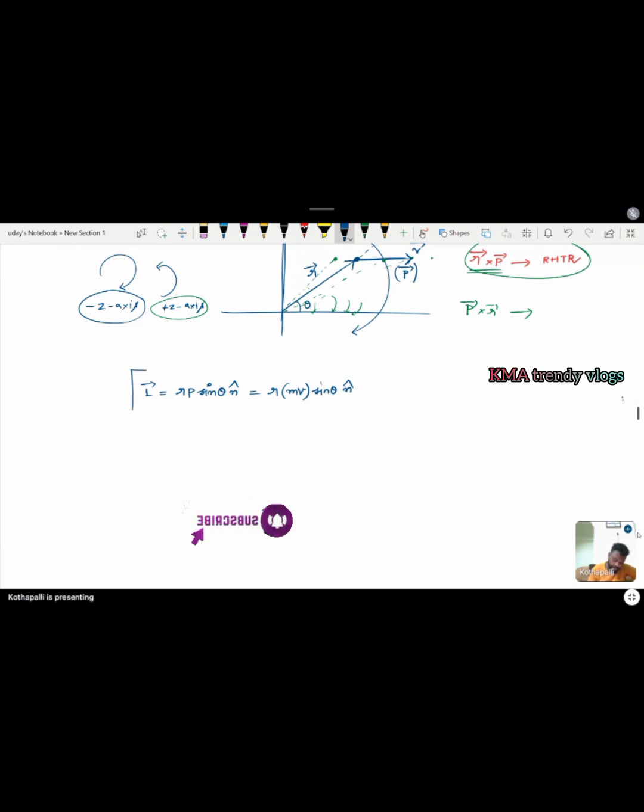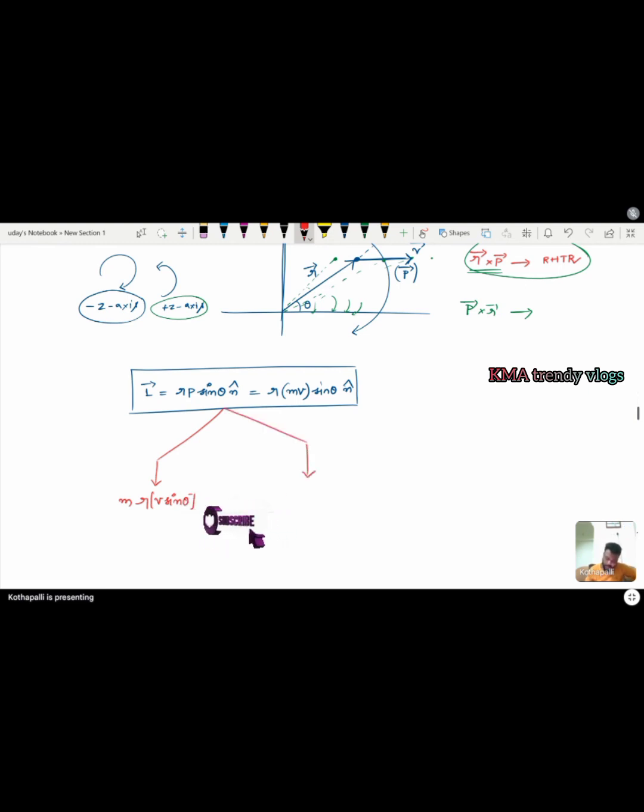Now see, if I write this in two different ways, like this one only, let us see. r, m mass constant, let's take out r. If I take it as v sine theta separately, or one more possibility, m into v, r sine theta separately.